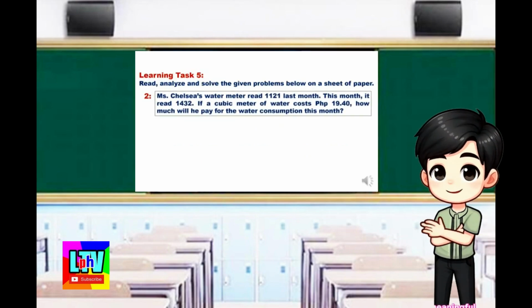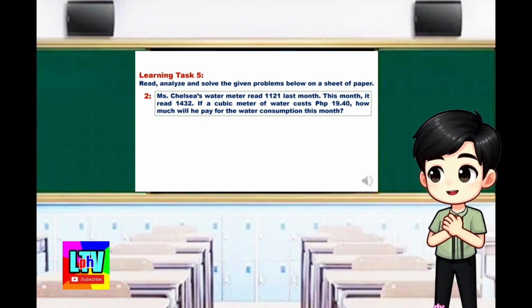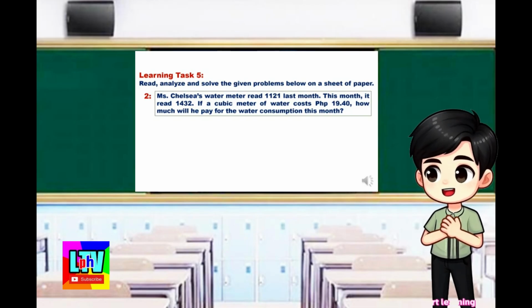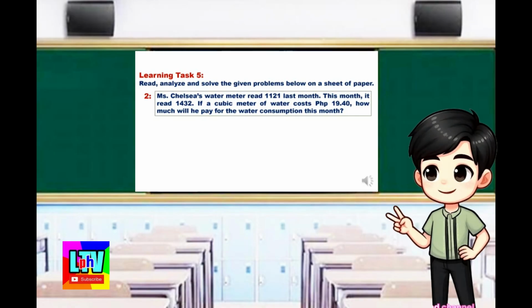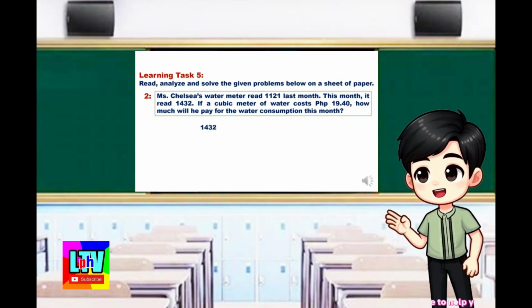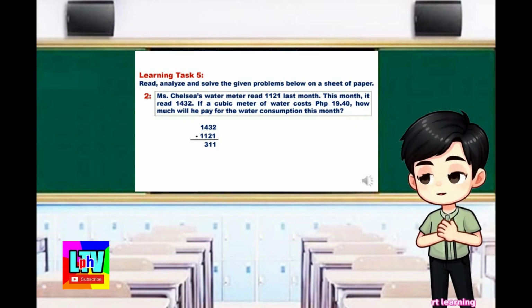Number 2. Mrs. Chelsea's water meter read 1,121 last month. This month, it read 1,432. If a cubic meter of water costs 19 pesos and 40 centavos, how much will she pay for the water consumption this month? So just subtract, 1,432 minus 1,121 equals 311.